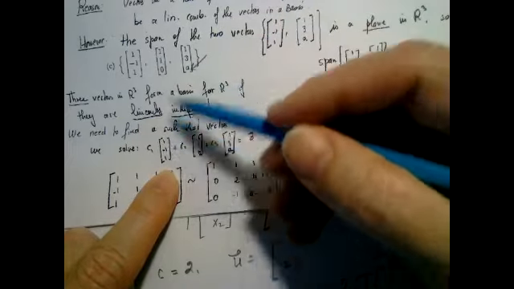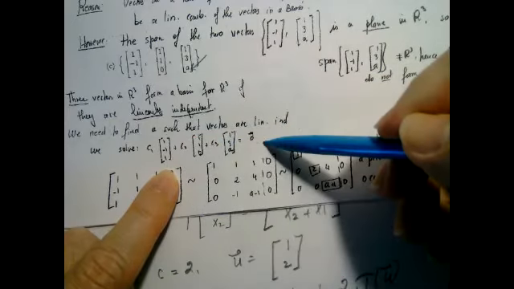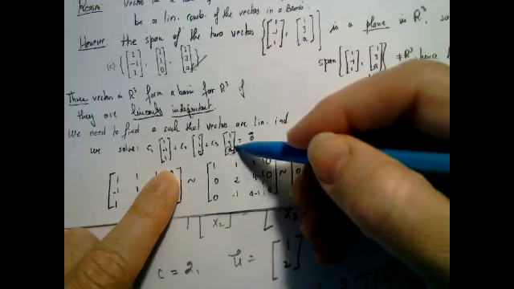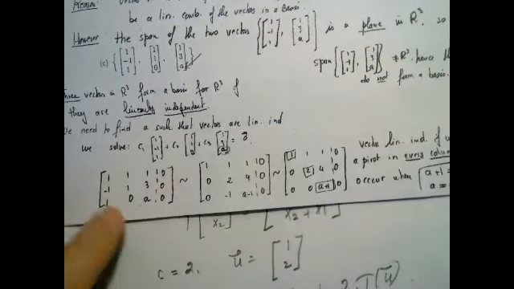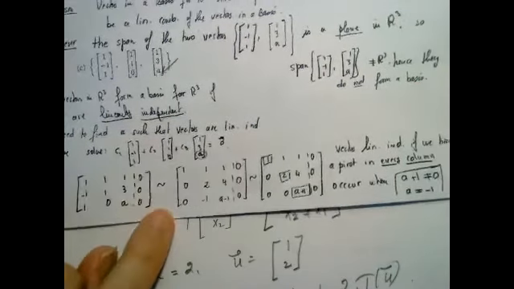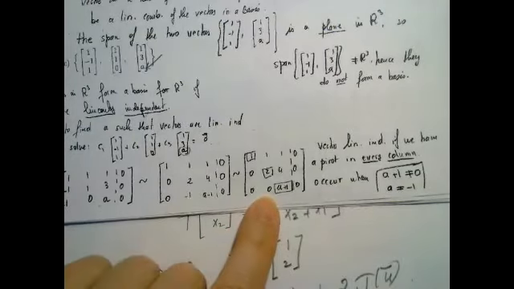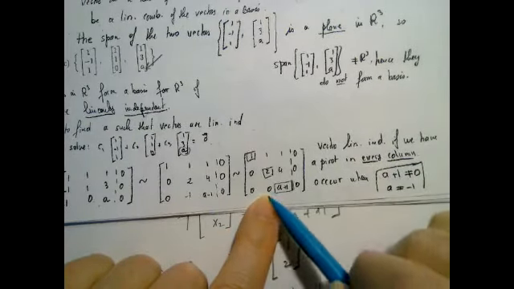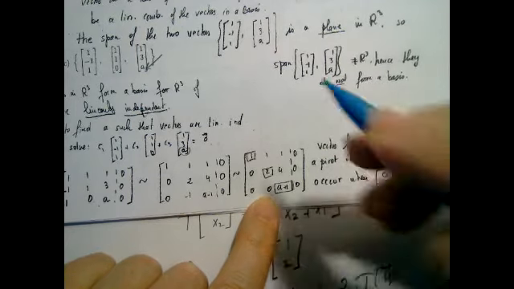I solve c1v1 plus c2v2 plus c3v3 equals zero, and I check for linear independence. I ask myself for which value of A I have a unique solution, or for which value of A I have no free variable. So I start with the matrix and reduce it, and then I reach here and analyze. Those are linearly independent if we have a pivot in every column.